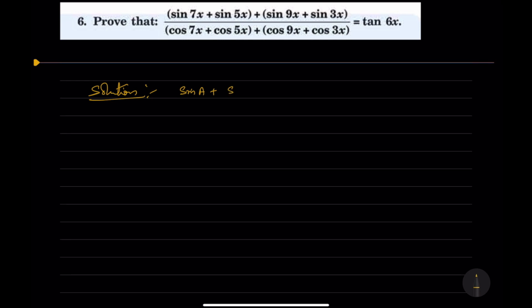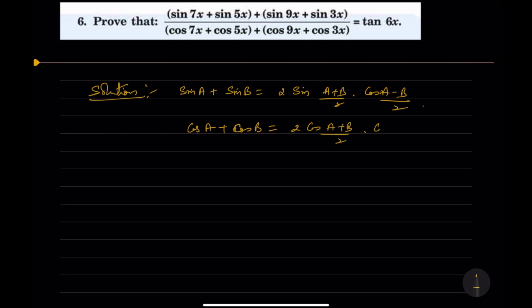Sin a plus sin b is equal to 2 sin a plus b by 2 into cos a minus b by 2, and cos a plus cos b is equal to 2 cos a plus b by 2 into cos a minus b by 2.